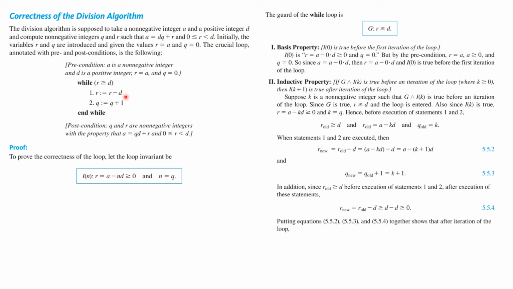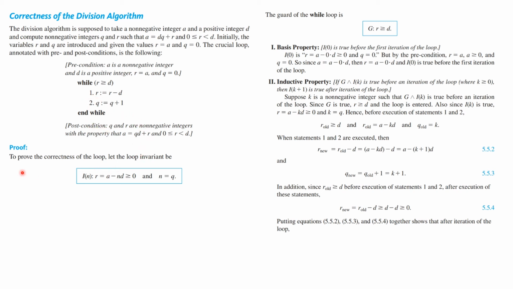So we subtract d, and we take the new r, and we also increment the quotient by 1 because we subtracted it, and we go through here. We count the number of times that we can subtract d until r is strictly less than d. That's the guard condition, and then we can exit. And we should then know what is the quotient, q, and what is the remainder, r. And we have those when we exit the problem.